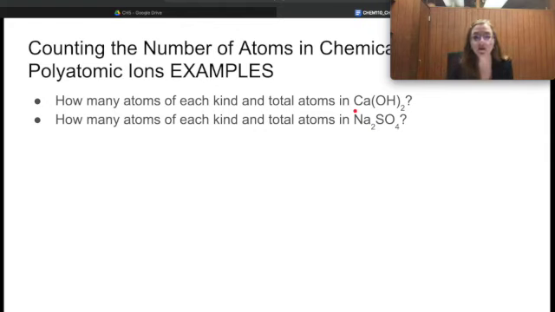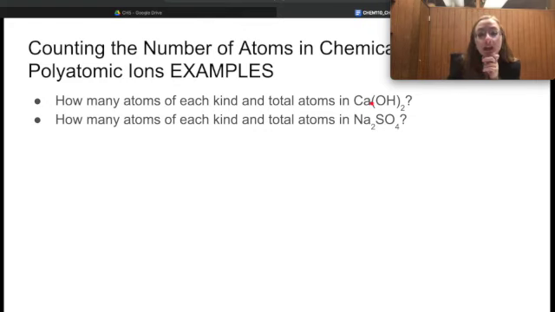First and foremost, we want to know how many calcium, oxygen, and hydrogen atoms we have in there. I'll start from left to right. I see that I've got calcium written here first. Calcium does not have a subscript after it, and it's outside of the parentheses, so that 2 doesn't apply to it. So my calcium has a subscript of just 1, therefore I have 1 calcium atom.